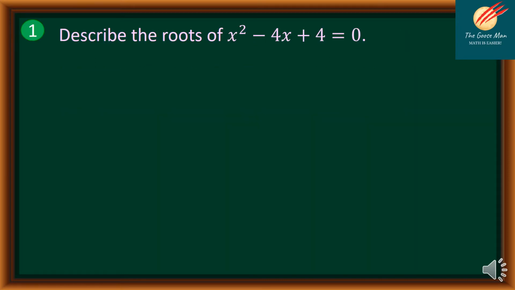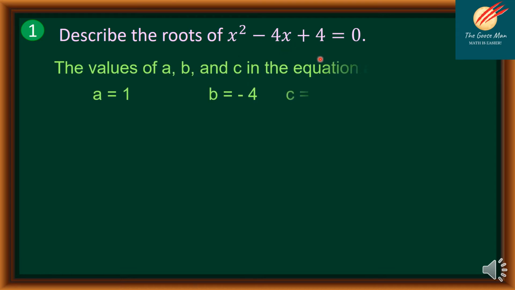Let us consider problem number 1. Describe the roots of x squared minus 4x plus 4 is equal to 0. The very first thing that we will do is make sure that the quadratic equation is in standard form. Then after that, we will identify the values of a, b, and c. So, we found out that a is equal to 1, b is equal to negative 4, and c is equal to positive 4.